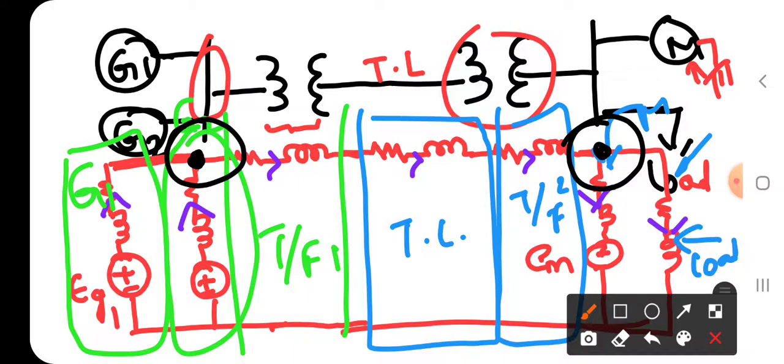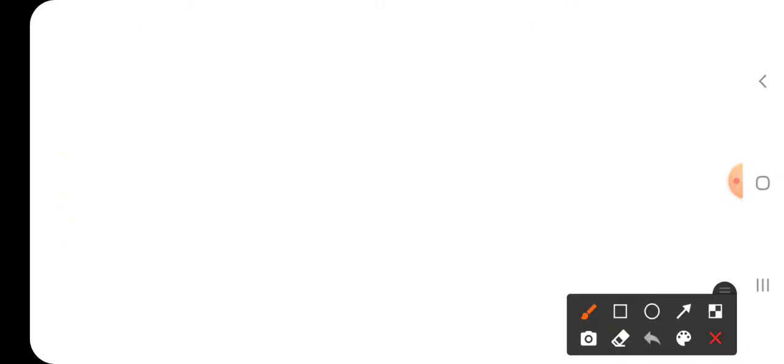Here I will explain how to construct the admittance matrix from the given impedance diagram, reactance diagram or single line diagram, whatever it may be. The first step is, let us assume that there are N number of principal nodes in the network.